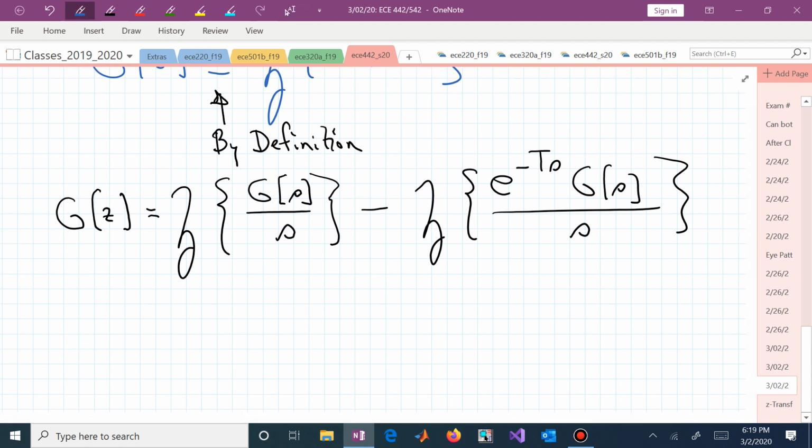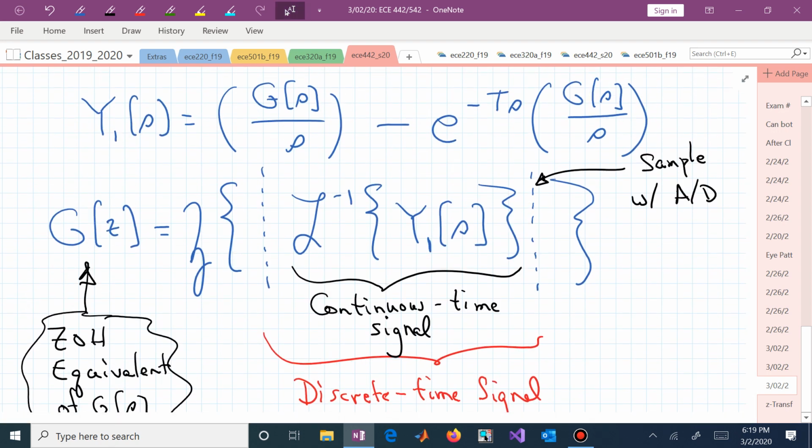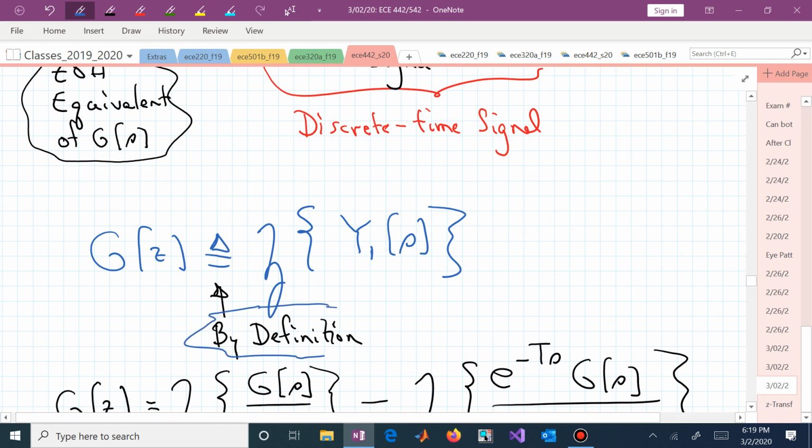But the right-hand term simplifies. Yes? So now I'm absorbing all of this notation. I'm simplifying it and saying, by definition, I'm now replacing all of that mess.